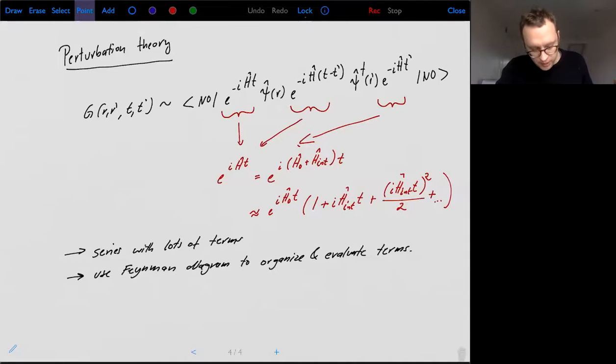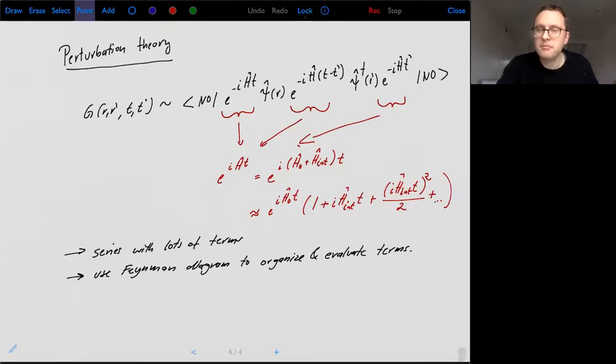So the interacting Green's function can be written down in this way, where basically you get a lot of exponentials with the interacting Hamiltonian in the exponent. And we can express that Hamiltonian as a non-interacting bit and a bit that contains the electron-electron interaction.